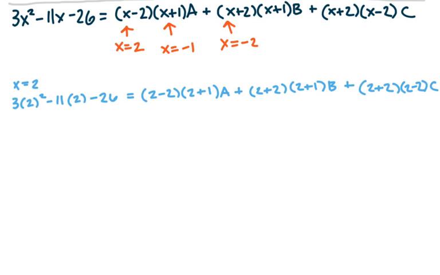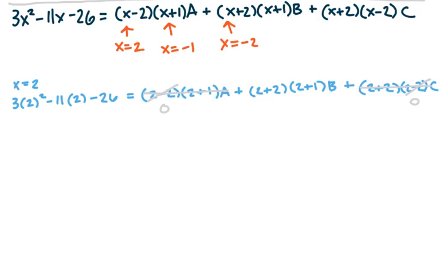And so doing this, I'm going to end up with a 0 when I have 2 minus 2, which means the A term is going to go away. And the same thing occurs over in my C term. I again have a 2 minus 2, which turns to 0, so that goes away.